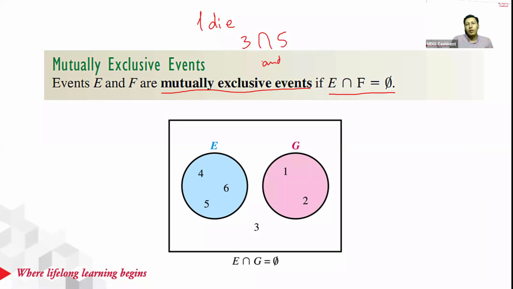If you toss once, you cannot get two different numbers at the same time. So getting 3 and getting 5, these two events are mutually exclusive events. Understand? If the intersection is the empty set, we call them mutually exclusive events.